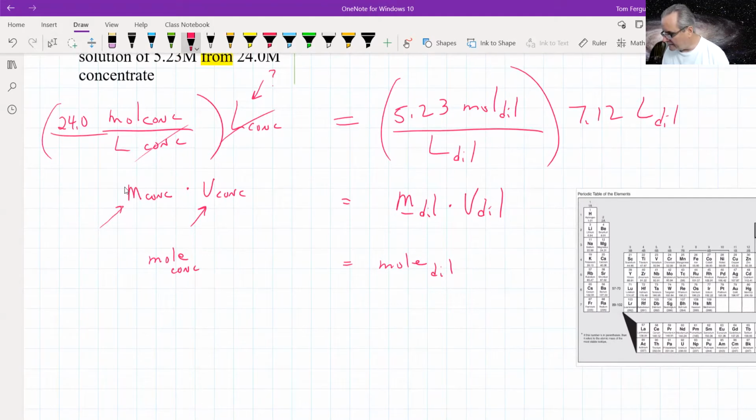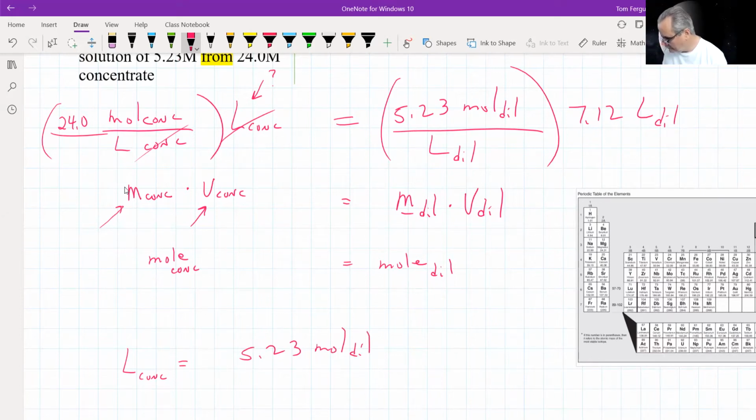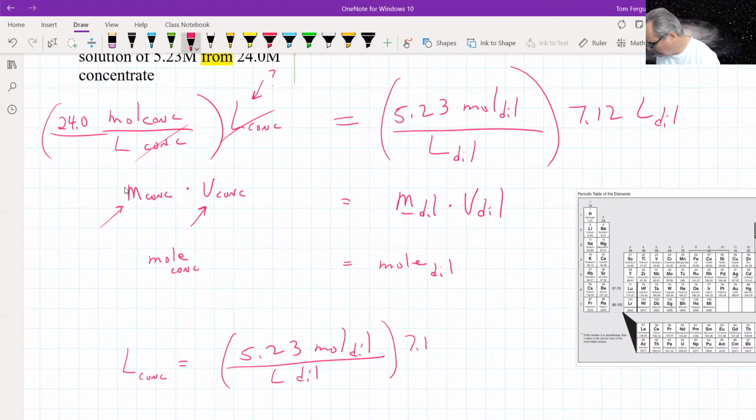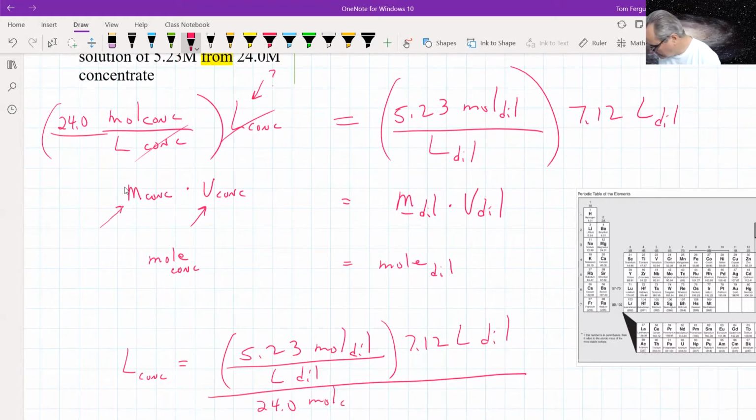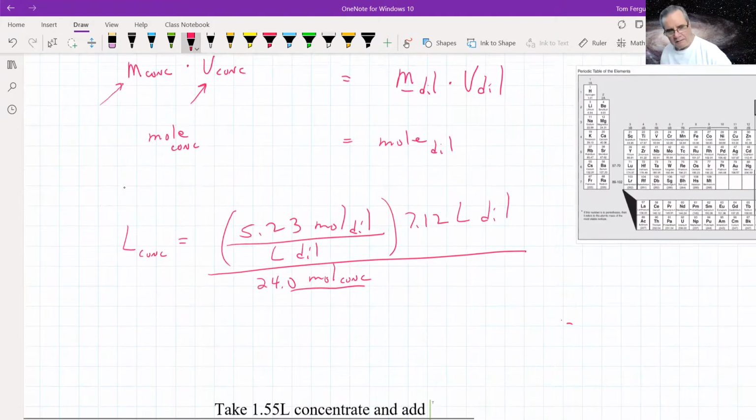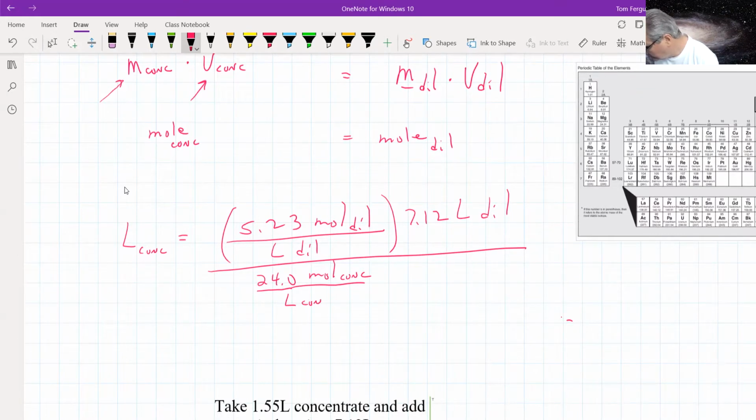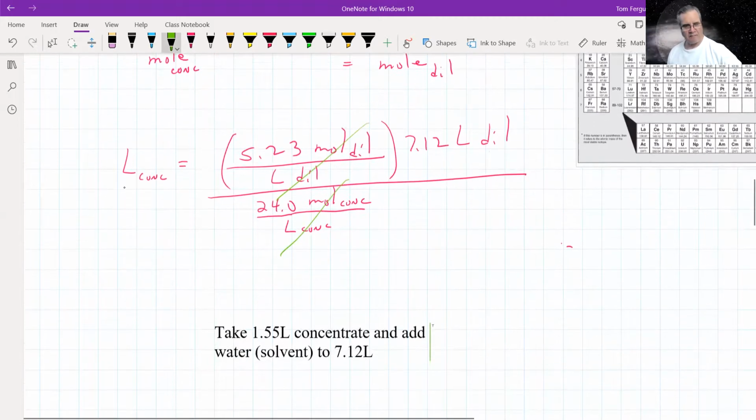Okay, so then we're going to divide both sides by 24. Those cancel, leaves us with liters of the concentrate.